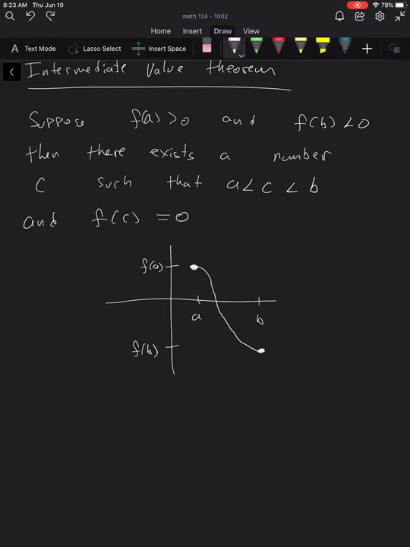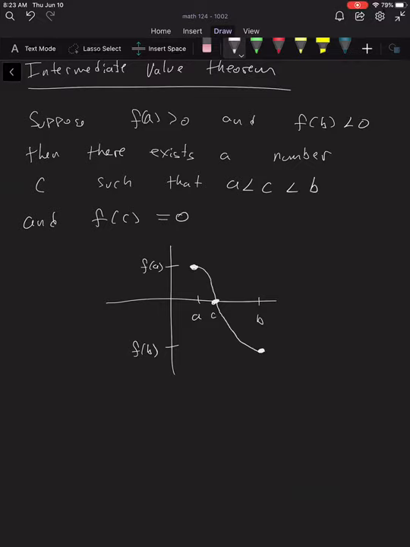So this piece right here would be the C value. So there's a C value in between A and B, because if one number is bigger than 0 and one number is less than 0, you've got to pass through 0 to get from the positive one to the negative one. So that's basically what the theorem says.